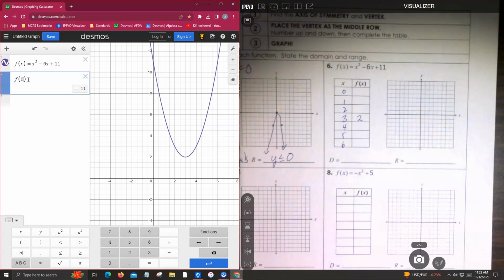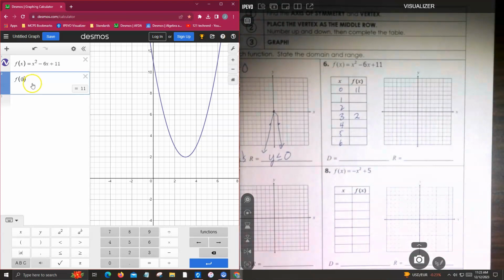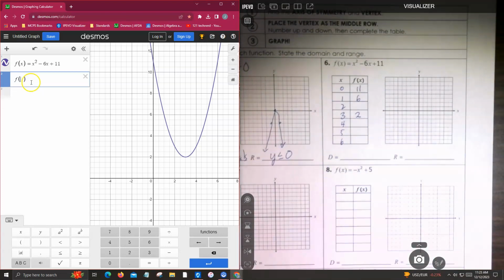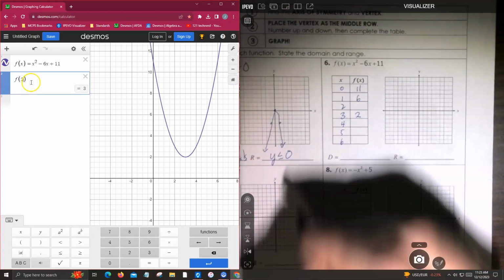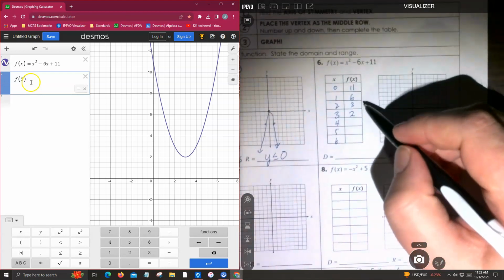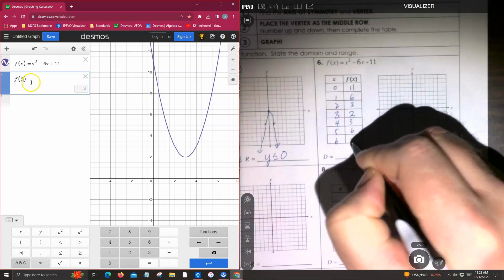All right, put in a 0, get 11. 1, 6. I can grab that one. 2, 3. Okay, so then whatever I've copied here, I then can put it in reverse order that way.